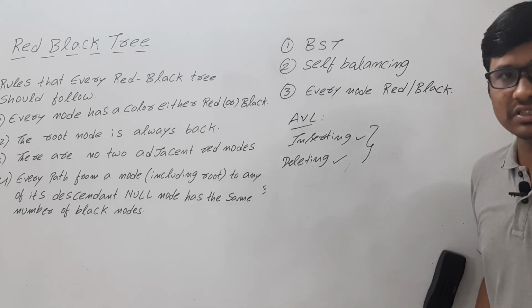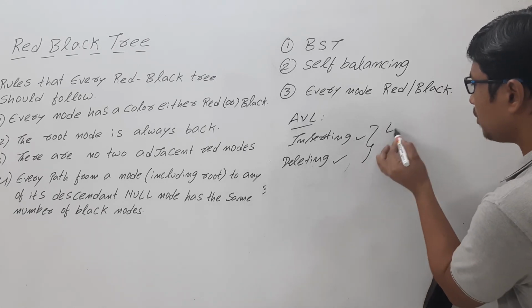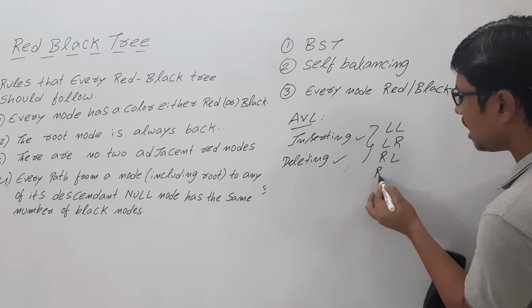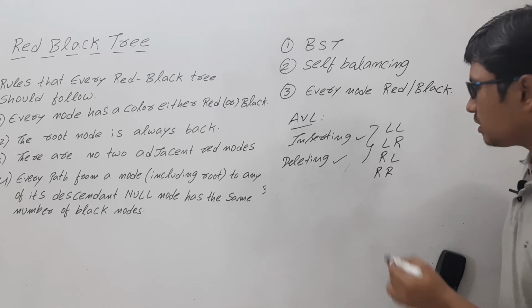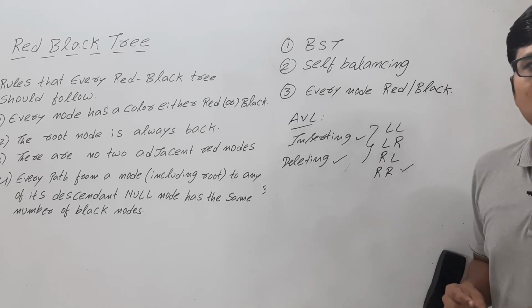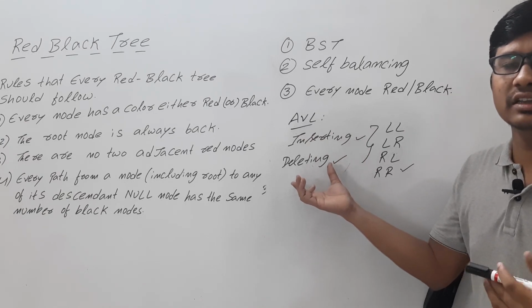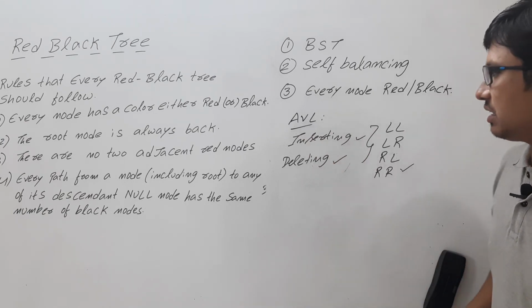Already we have discussed several examples. We have LL rotation, LR rotation, RL rotation, RR rotation. These rotations will increase the complexity of inserting and deleting elements in the AVL tree.